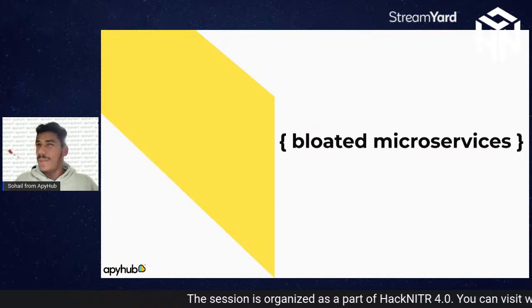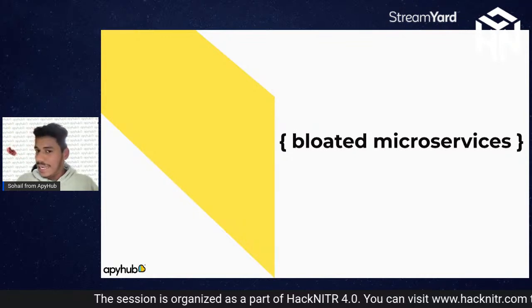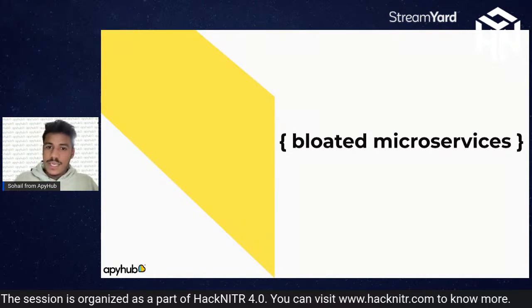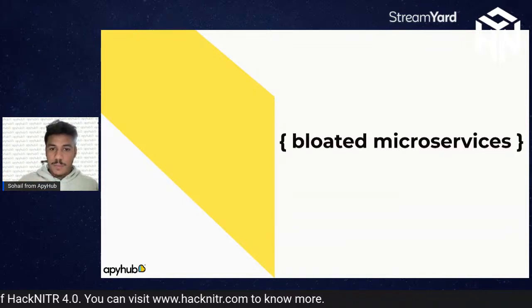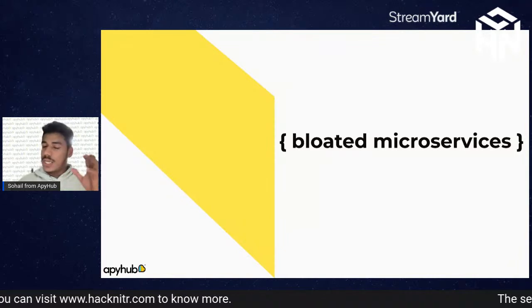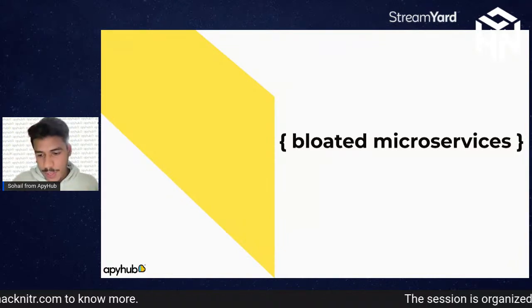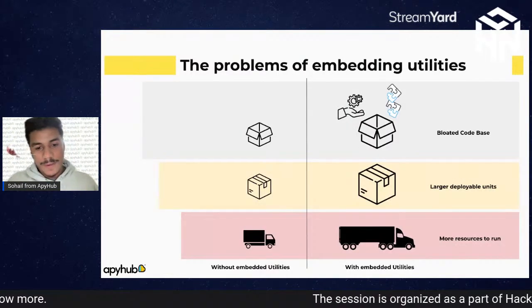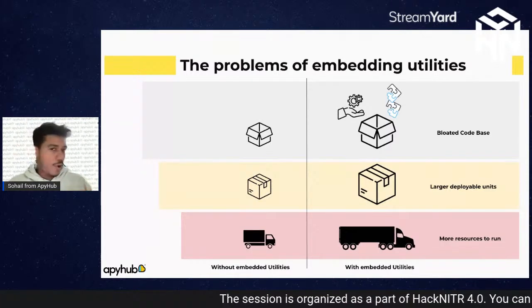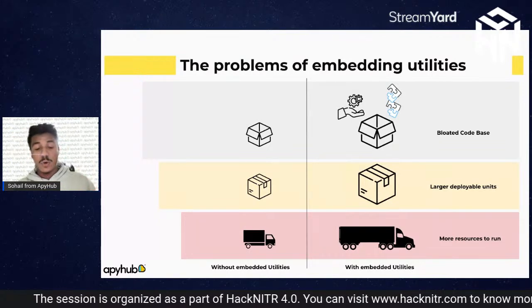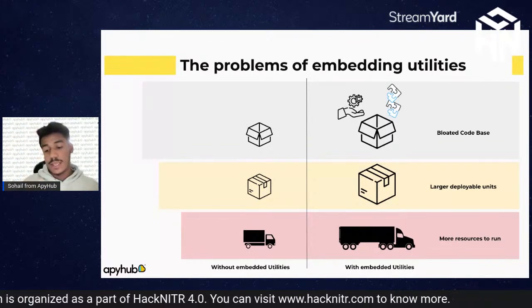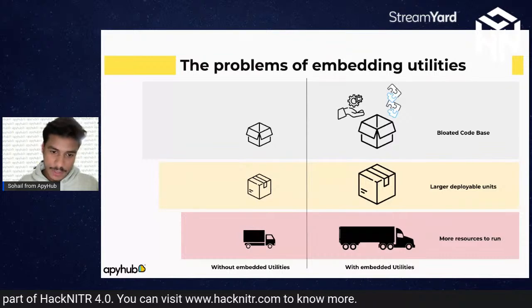Now we'll see this example in a little more detail to understand how you can avoid putting in a lot of effort for just the sake of a small value. So when we talk about the problem of embedding utilities, we are embedding utilities either by building them ourselves or by finding them on a package manager.